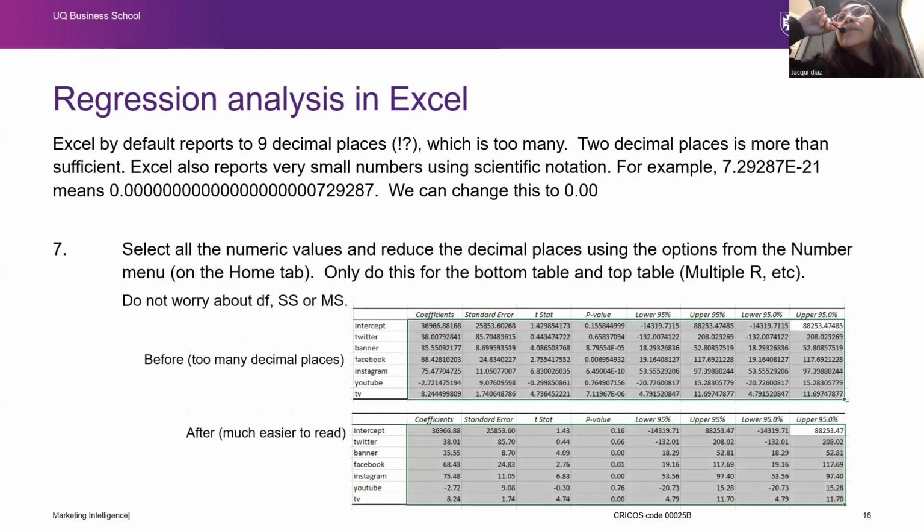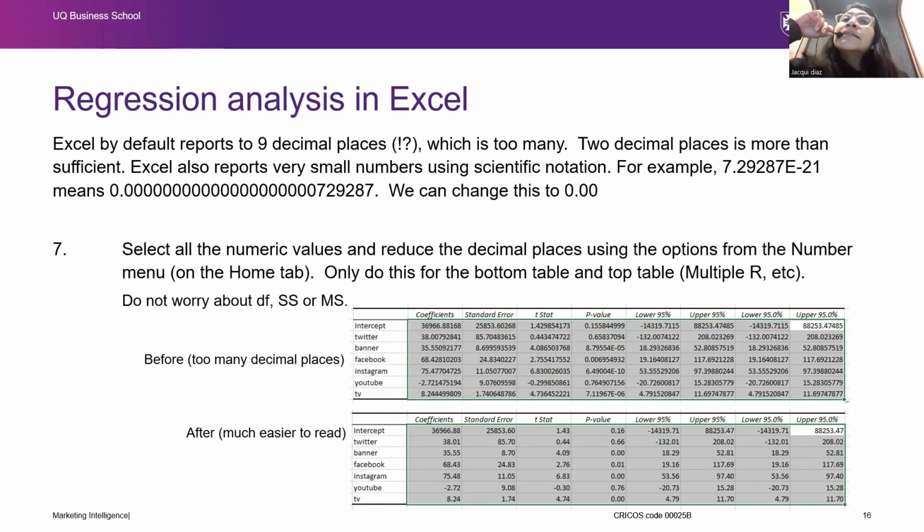So here we have the result that was given by the Excel data analysis. We have the coefficients, the standard error, the t-stat, and the intervals. This is very important to understand for the interpretation of the coefficients. First of all, we need to pay attention to which of these coefficients are the highest and the lowest.